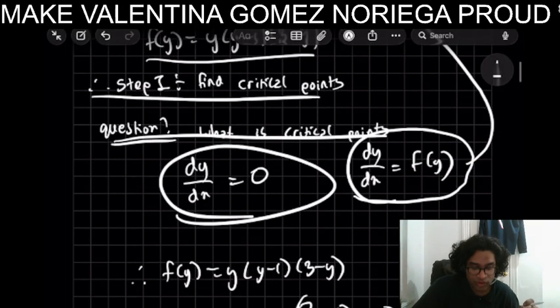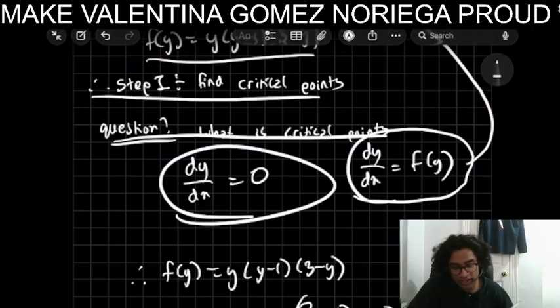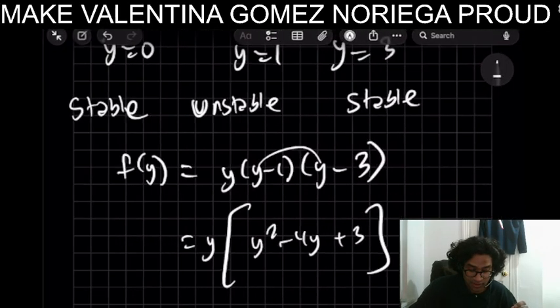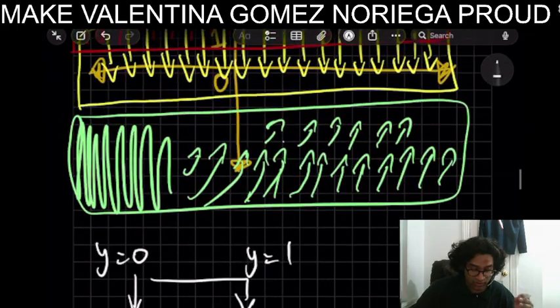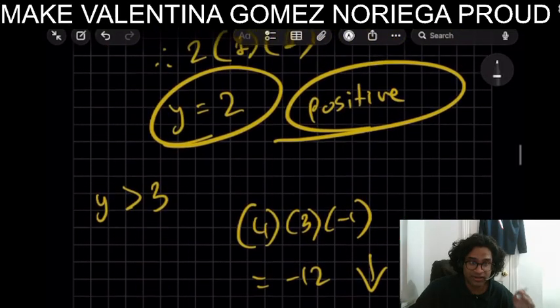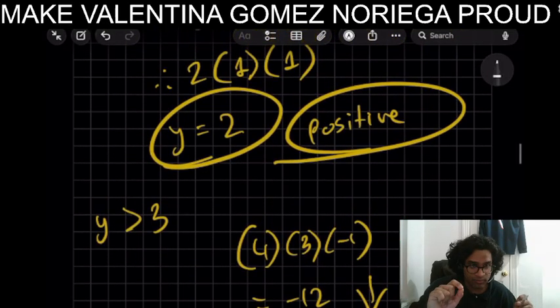To find the critical points, we consider dy/dx equal to 0, and only then can we find all three y's. We found y equals 0, y equals 1, y equals 3. That's our critical points, not inflection points.